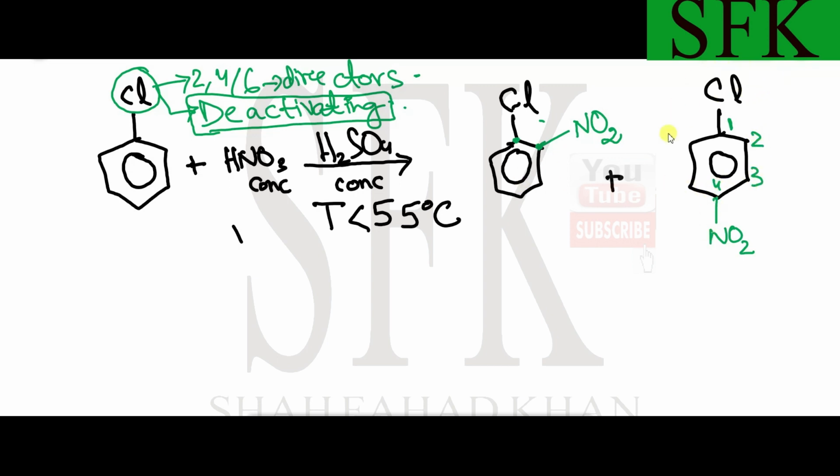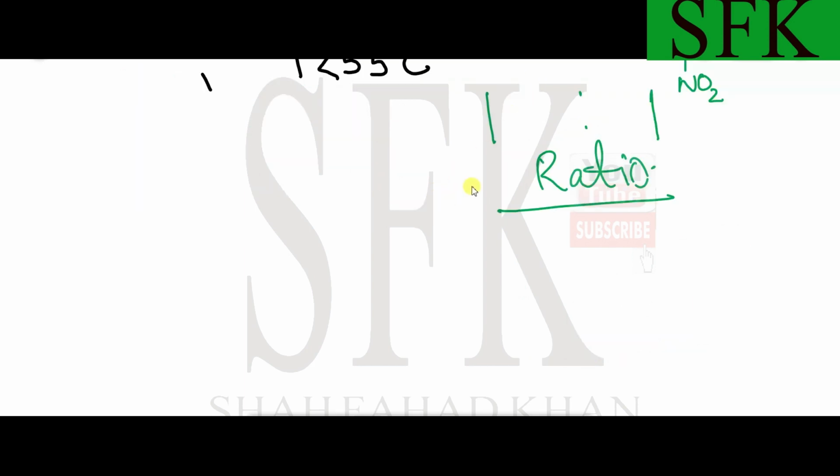So the name becomes 4-nitrochlorobenzene, and the other is 2-nitrochlorobenzene. These are the two products that we have, and they are in a 1-to-1 ratio.